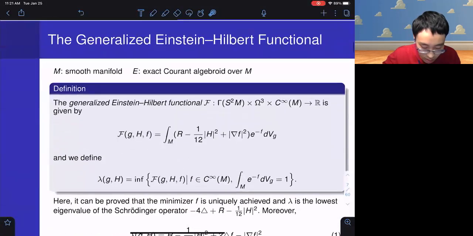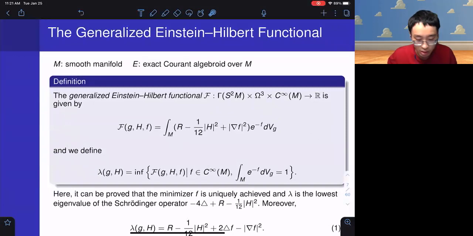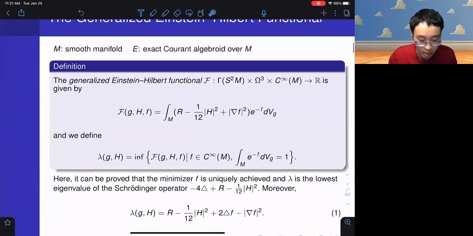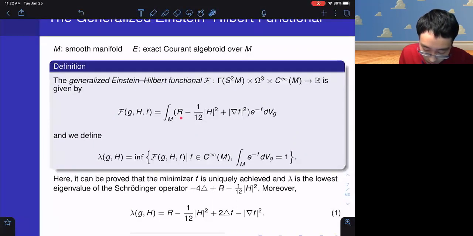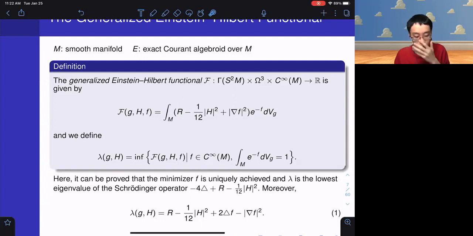Let me review the generalized Einstein-Hilbert functional. In the following, I will fix that M is a smooth manifold and E is an exact Courant algebroid over M. The generalized Einstein-Hilbert functional is given by the integral of R minus 1/12 H squared plus the Hessian f squared, with respect to the f-volume.